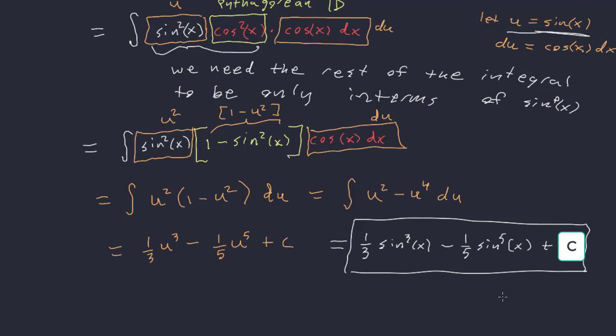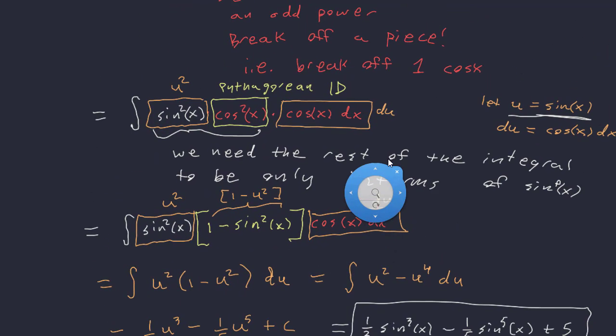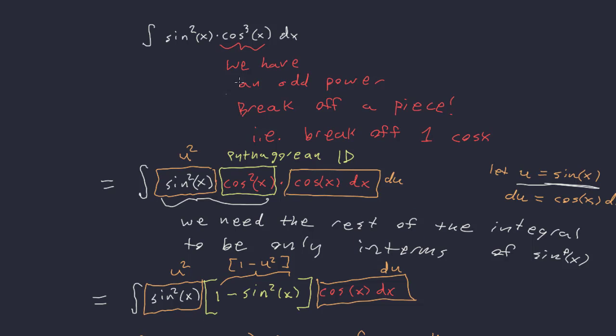Now I'll leave it up to you to check, but it would be a good idea usually to differentiate this and see if you get back to the same thing that we started with.